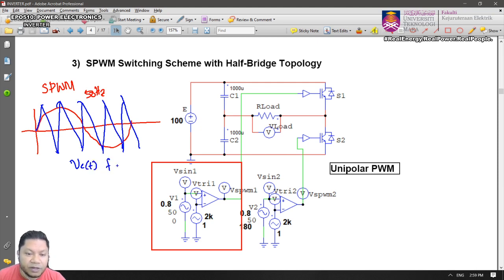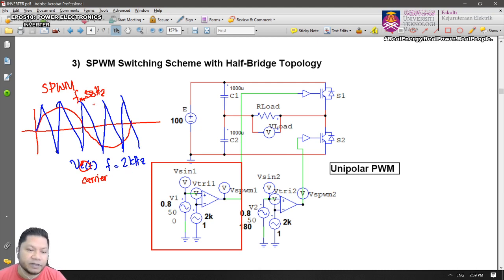The frequency will be very high compared to the modulating signal, for example, 2 kHz. This is known as the modulating signal, the sinusoidal modulating signal with 50 Hz. You compare it with a triangular carrier signal. So C stands for carrier signal with high frequency. It depends, 2 kHz here. So in this case, you have 2 kHz.